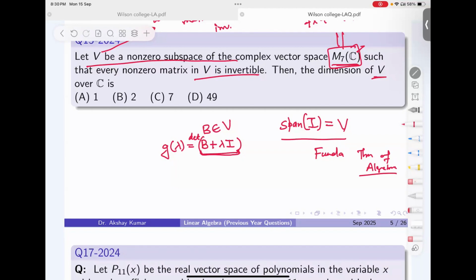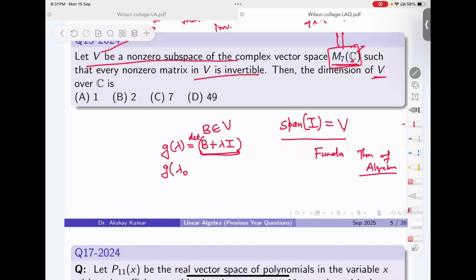That's why we need the complex field here. So we will have at least one root. Suppose that root is lambda naught.